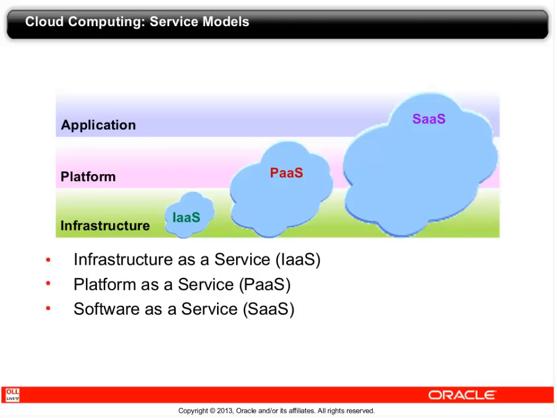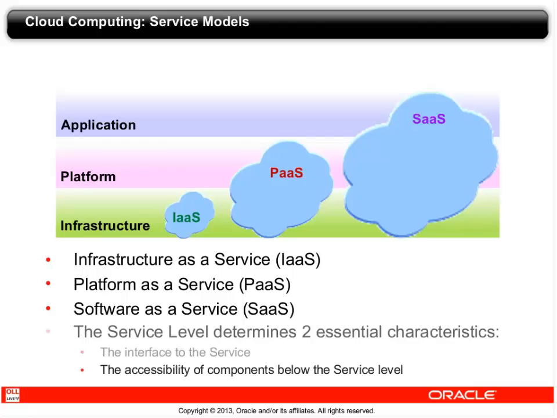And the last one is software as a service. And what this graphic depicts here is the relative functionality of each of these different cloud types. Each of these clouds provides a certain amount of technology that represents a service level.